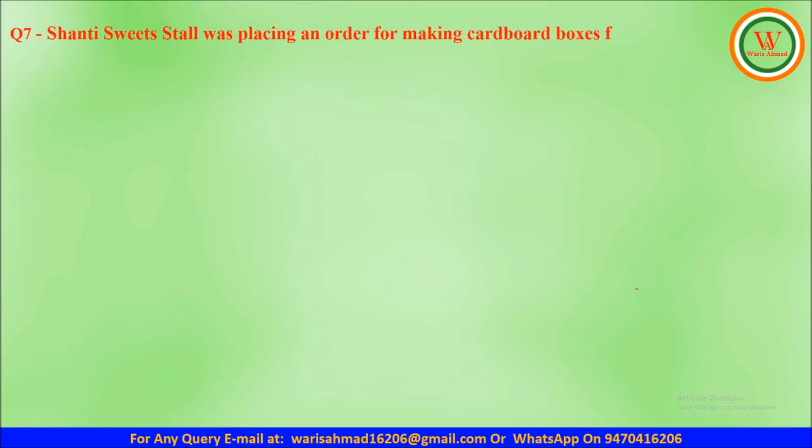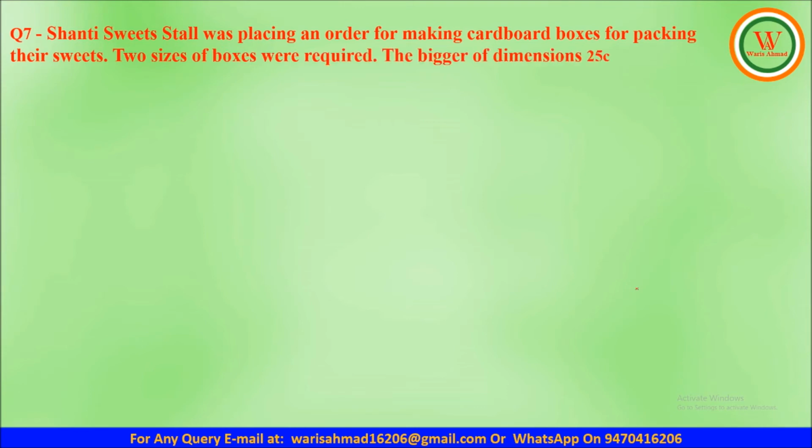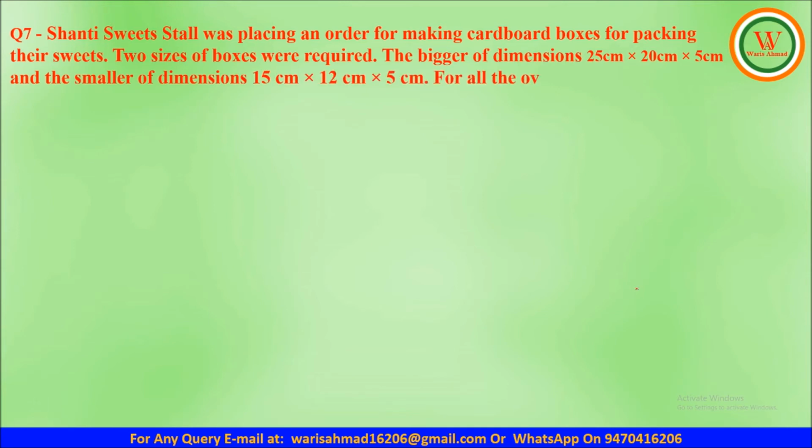Now let us consider question number 7. Shanti Sweets stall was placing an order for making cardboard boxes for packing their sweets. 2 sizes of boxes were required. The bigger of dimensions 25 centimeter, 20 centimeter and 5 centimeter, and the smaller of dimensions 15 centimeter by 12 centimeter by 5 centimeter.